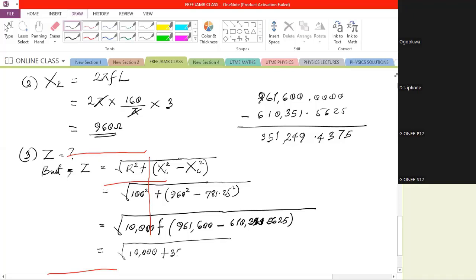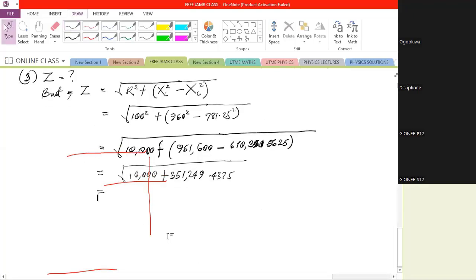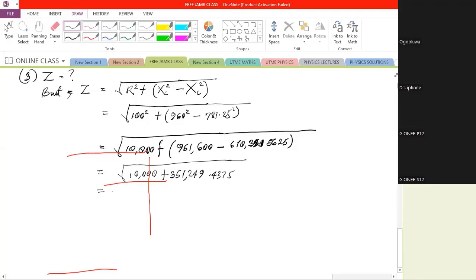This is 351,249.4375, and that is what we are going to find the square root of.